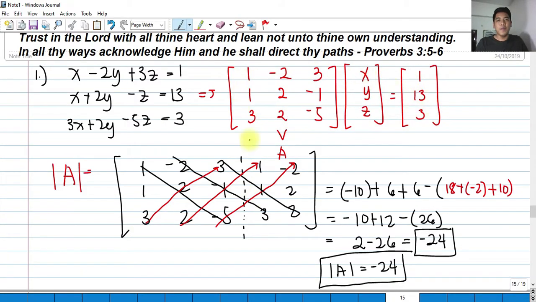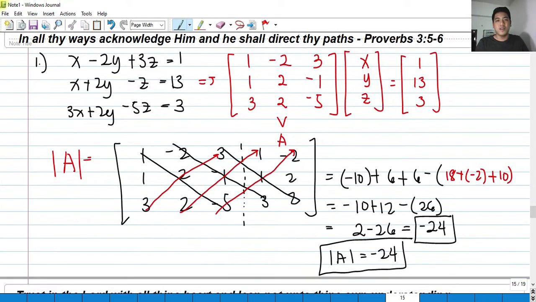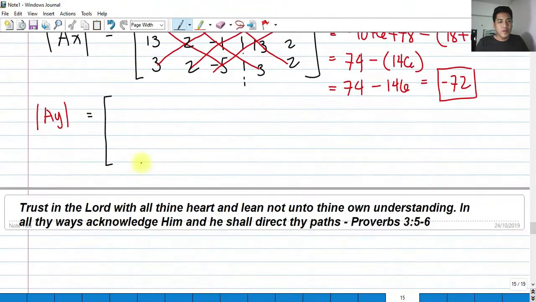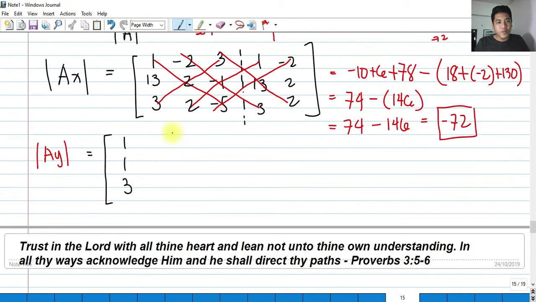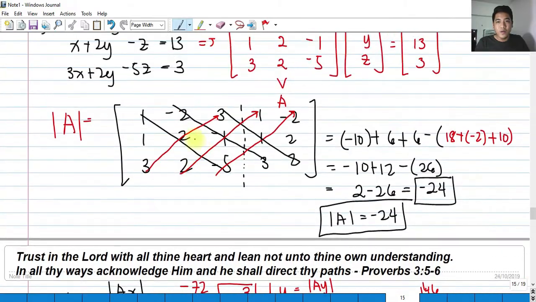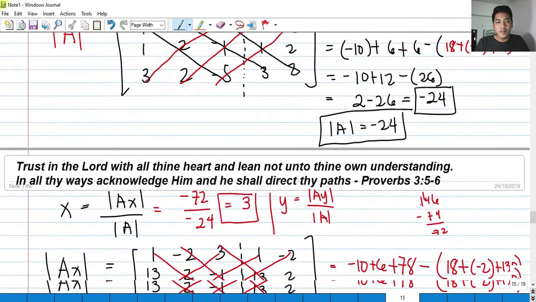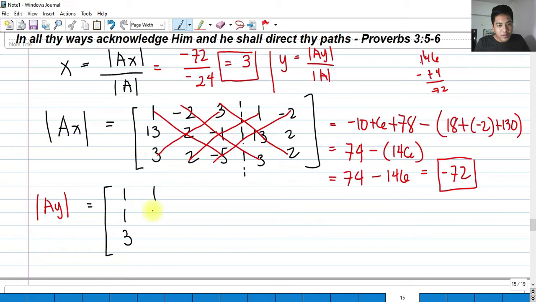So we copy this and this, but replace the second column with the constants. We have 1, 13, 3, and we have 3, negative 1, and 5.